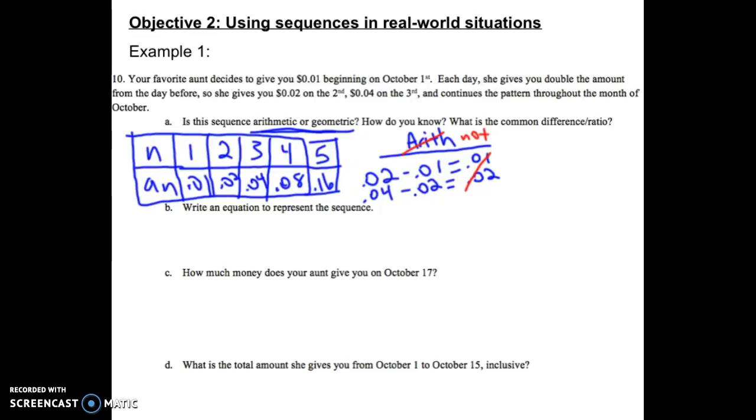Now, to test geometric, the common ratio, it has to be multiplied by the same amount. So the second number, 0.02, divided by 0.01 equals 2.